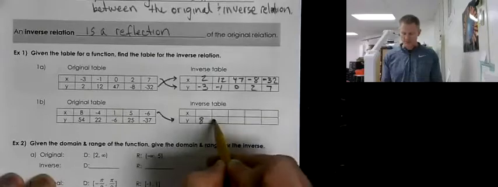The X values become the Y values, and the Y values become the X values. And voila, we did it. We made the inverse table if we know what the original table is.